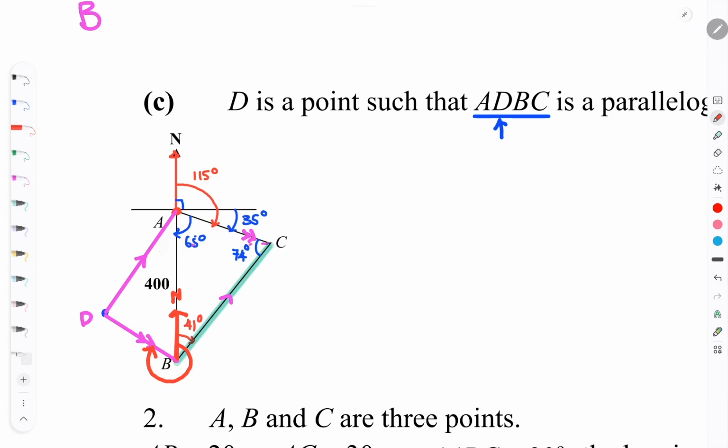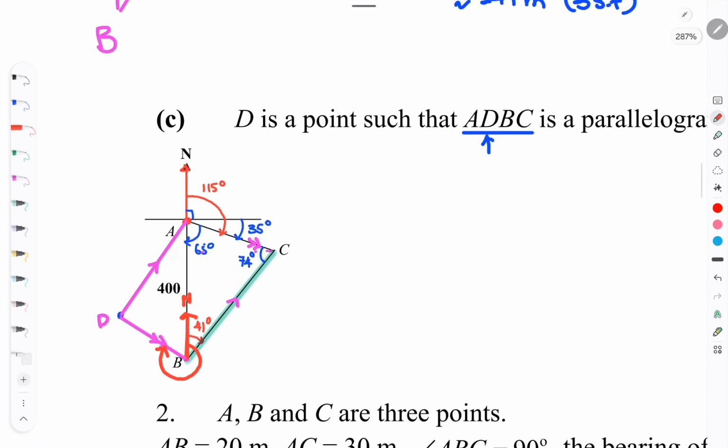So how do I find this angle? Since I have a parallelogram, I know somewhere I can use my parallel line property, but I will always prefer to use alternate angles because it's a lot easier. In this case, I can form a Z shape over here. Do you see?